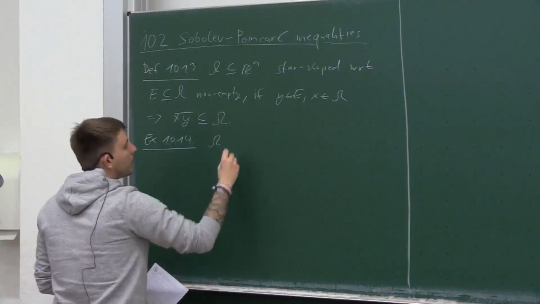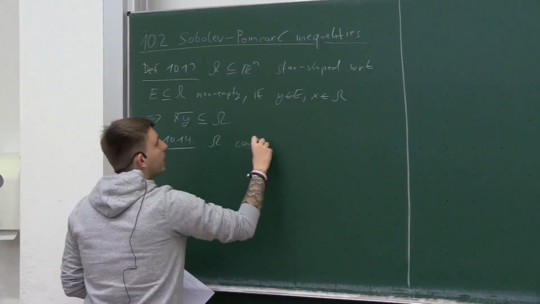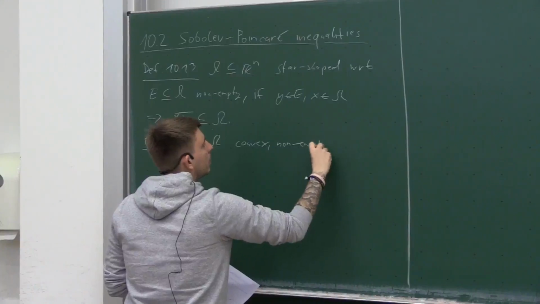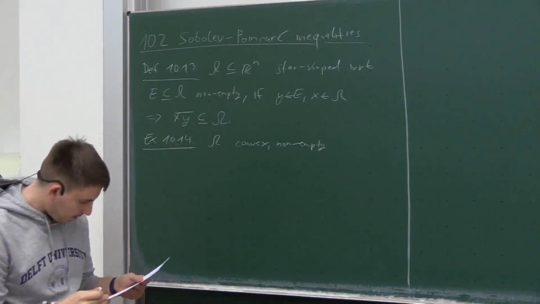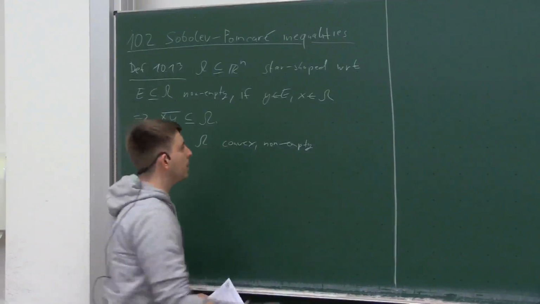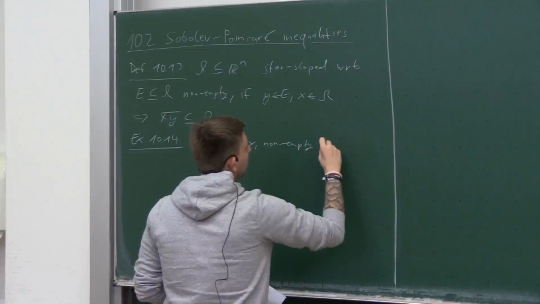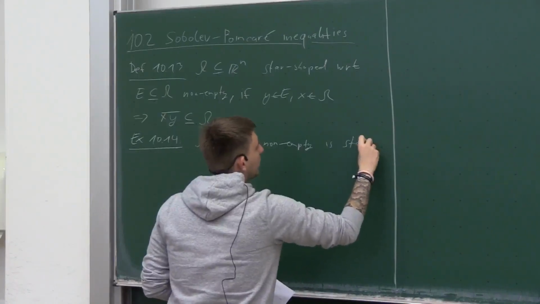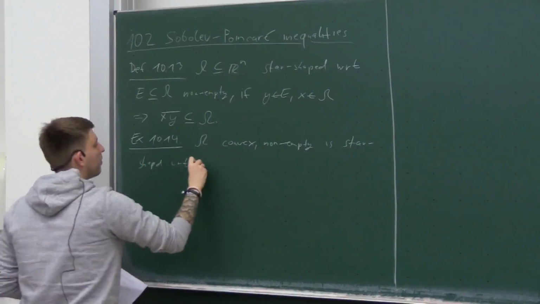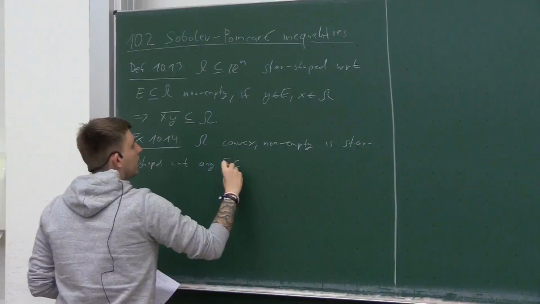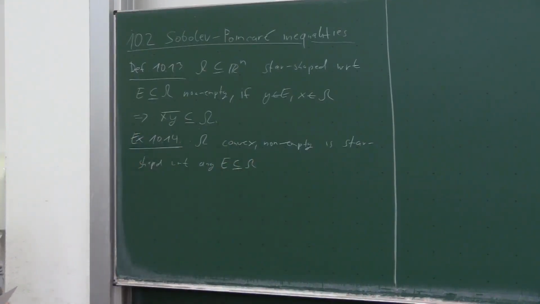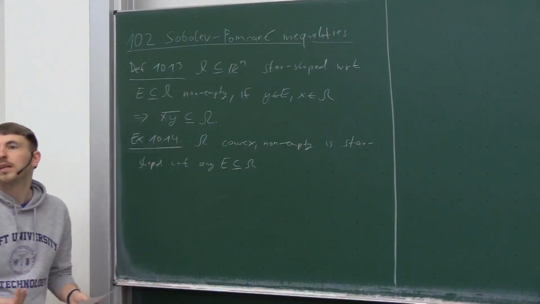If omega is a convex and non-empty set, then we can of course take any subset E. Convex non-empty is star-shaped with respect to any E in omega. Of course, in the convex set I can connect any two points by a line segment that stays in omega. So I can in particular do it for the points in E.